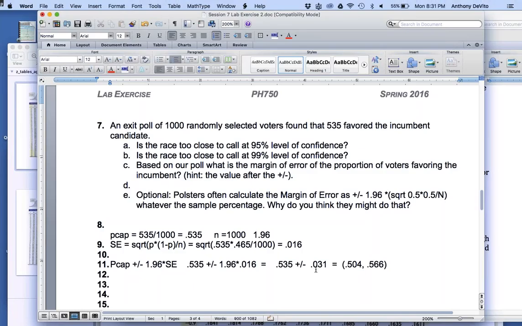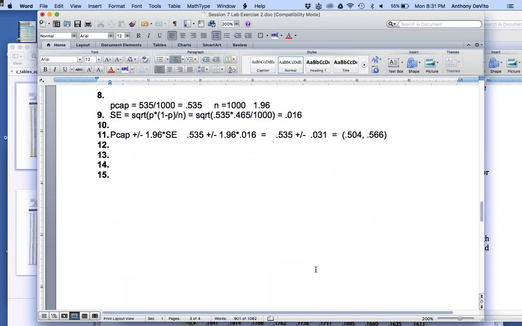Now, let's say we're doing a poll right now for, let's say, Hillary Clinton and Bernie Sanders, right? There are undecideds. So the P cap for Hillary is equal to, let's say, 0.35, and P cap for Bernie is equal to, let's say, 0.32, right?